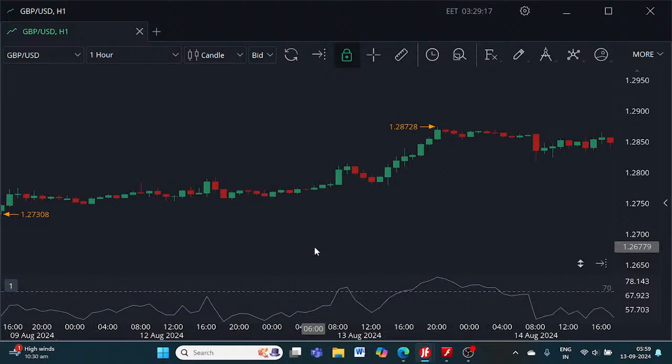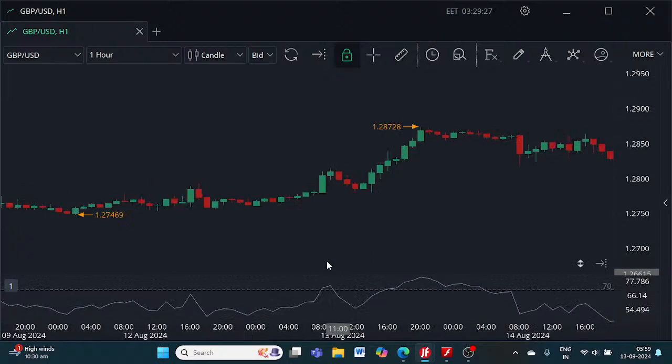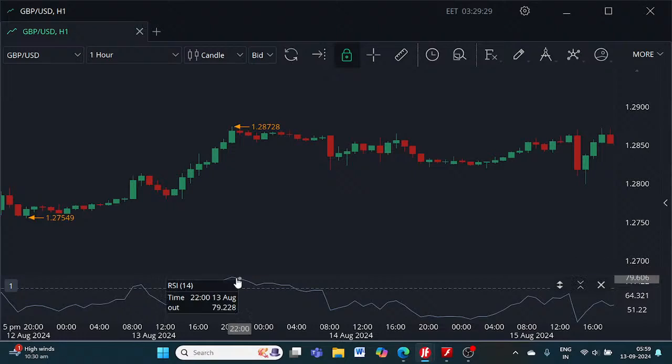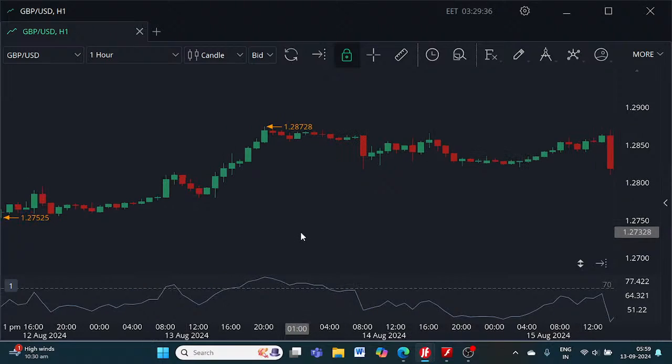In classical terms, 50 is the critical marker. If the RSI output is above 50, it is considered a sign of bullishness. If the output is below 50, it is considered a sign of bearishness. And if it is above 70, that is considered strongly bullish, but at the same time the possibility of the underlying instrument being overbought is also there.